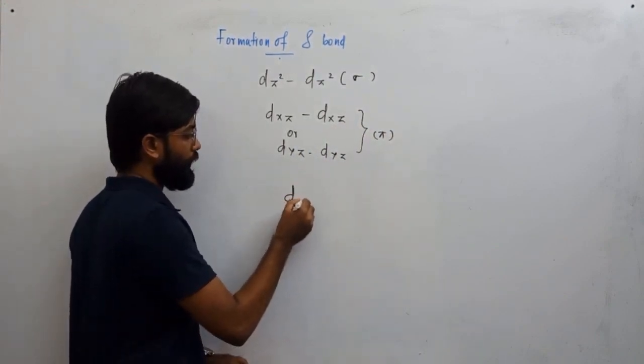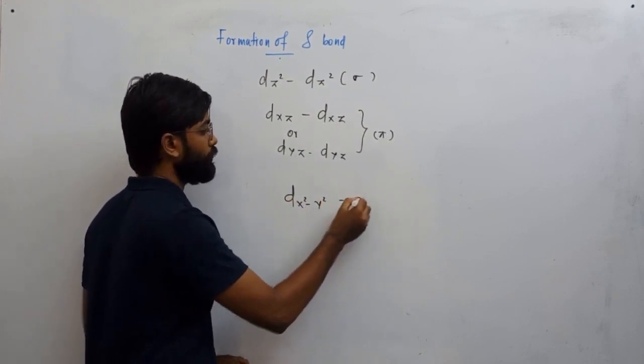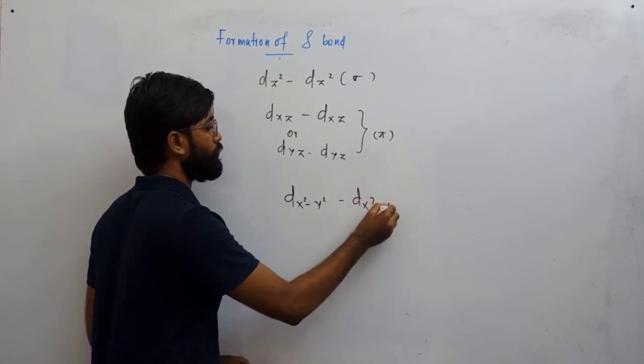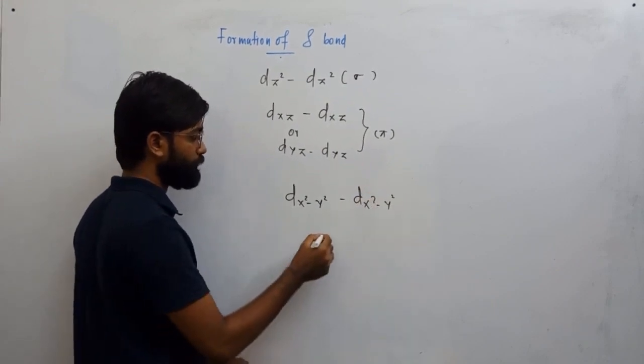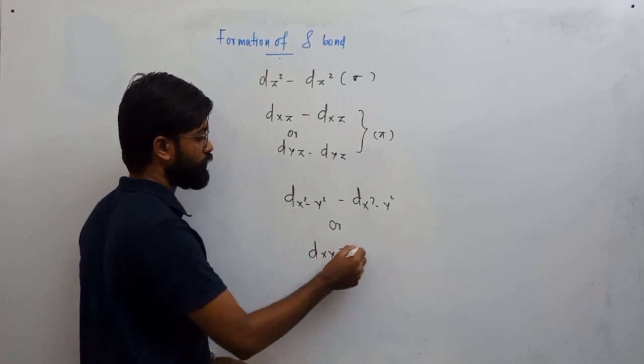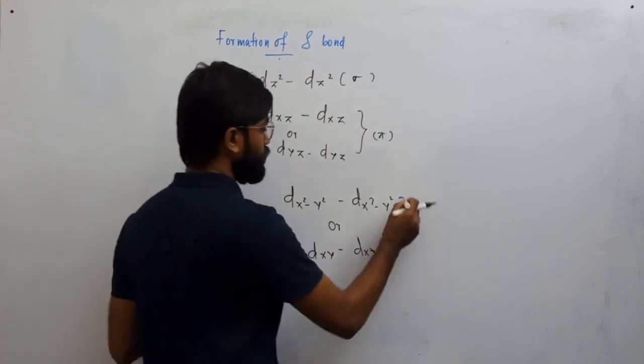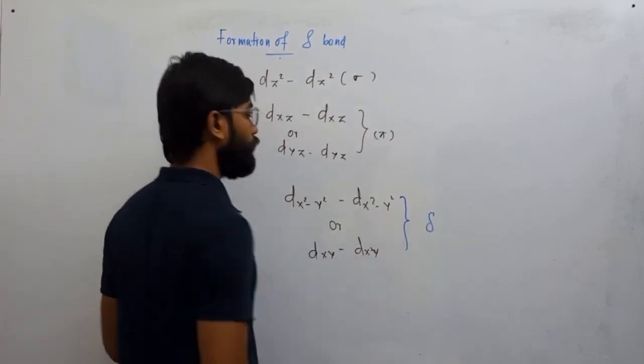Or if there is overlapping between two dx square minus y square orbitals of two atoms, or dxy orbitals of two atoms, then there is a chance for the formation of delta bond.